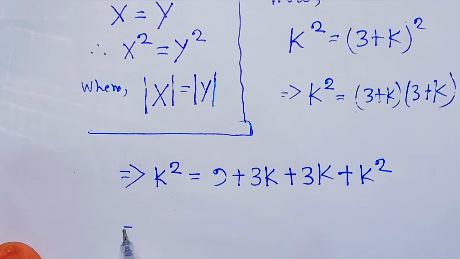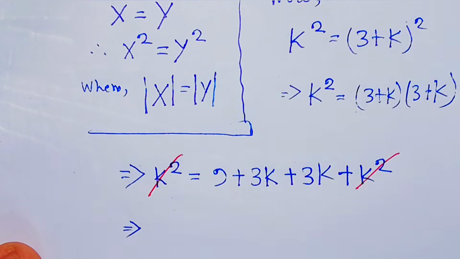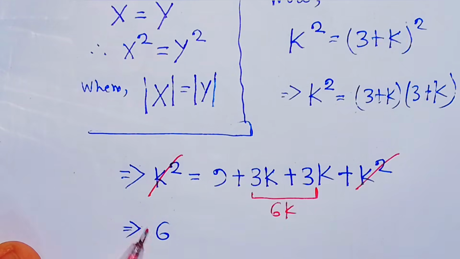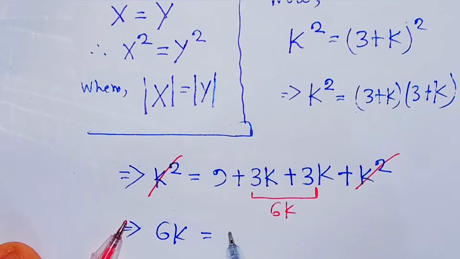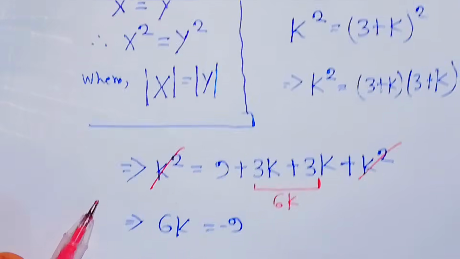Then this k square on the left side and right side is deleted and we get 3k plus 3k is equal 6k. So we write this on the left side. The value of 9 will be minus because we take the 6k to the left side.